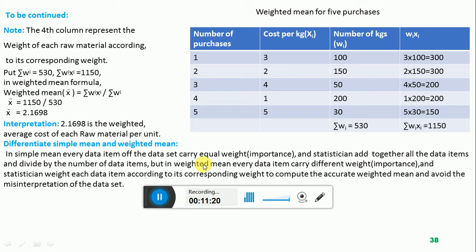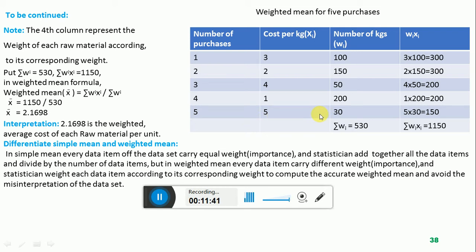But in the weighted mean, as we discussed in this data table for the 5 different purchases, every data item carries a different weight, different importance, and the statistician weights each data item according to its corresponding weight to compute the accurate weighted mean and avoid misinterpretation of the data set.